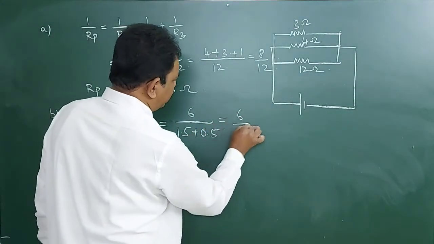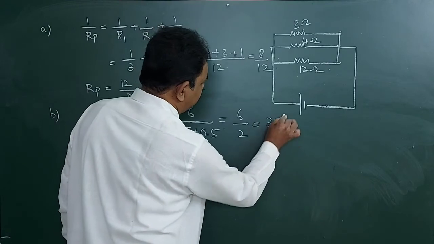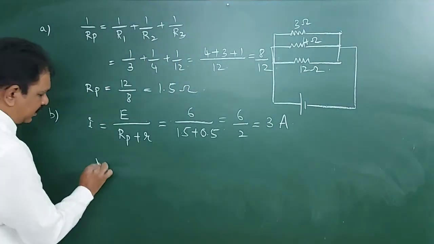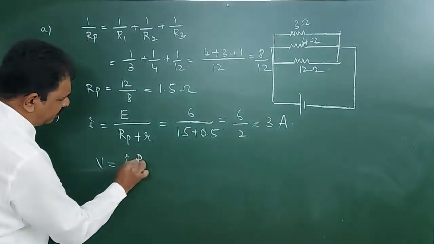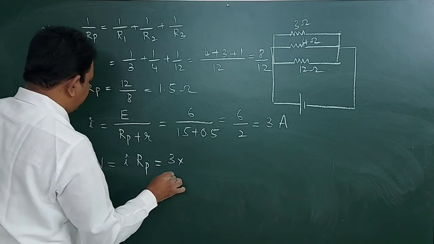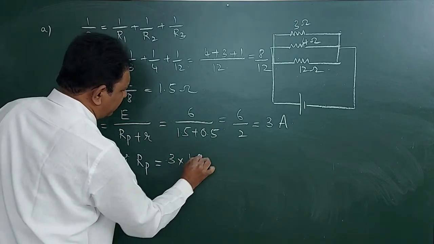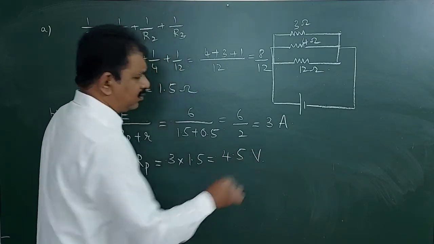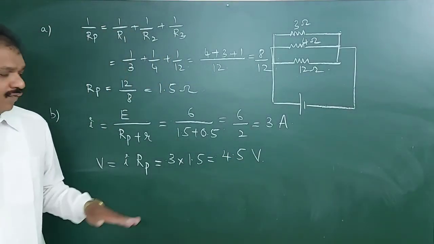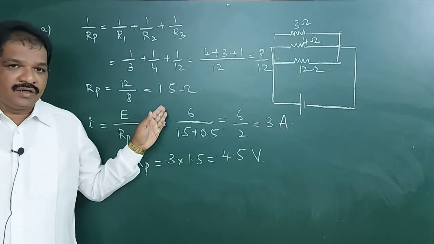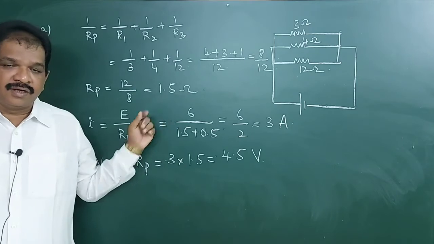So this is 6 by 2, which is equal to 3 amperes. They are asking for the terminal potential difference. I value will be 3, Rp value will be 1.5, so this is equal to 4.5 volt. This problem was asked in the 2020 March paper.